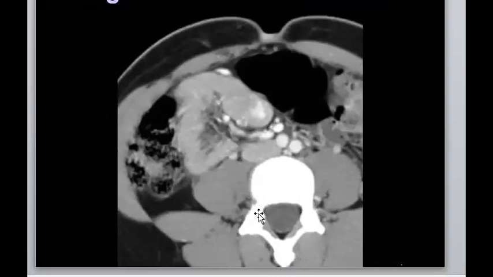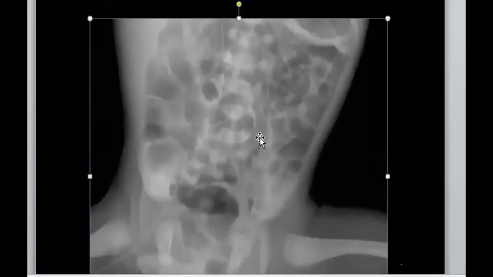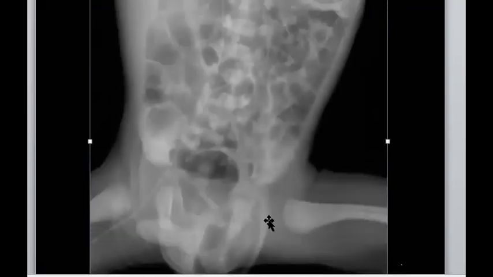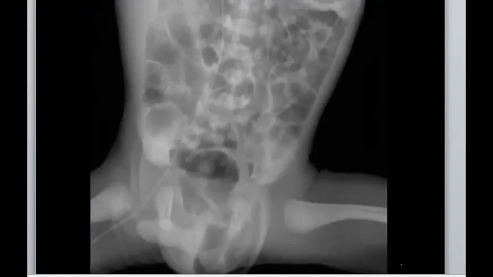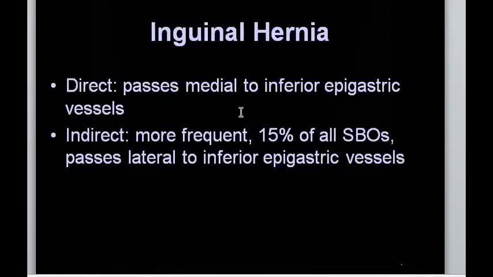I just want to mention this: they show you the hernial orifice sites. And in the FRCR, they like this type of case. Just from the X-ray, you should have the diagnosis because it's a pediatric age group, so you shouldn't expose him to radiation.